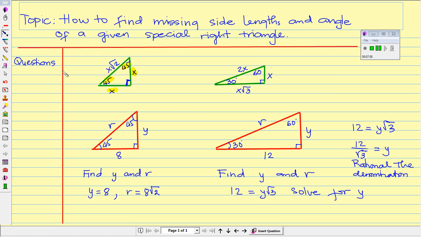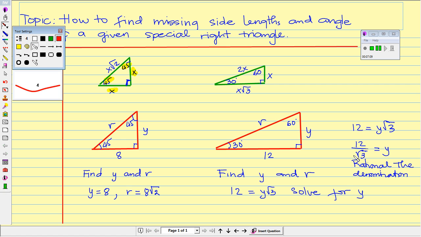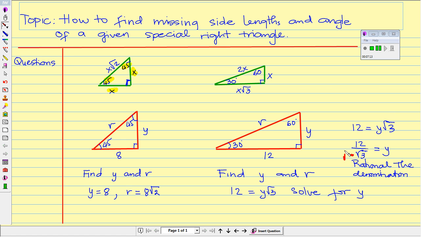What does it mean? It means you multiply the square root of 3 to itself in the denominator, and of course you have to multiply the numerator too, so that your denominator becomes a real number without the square root.